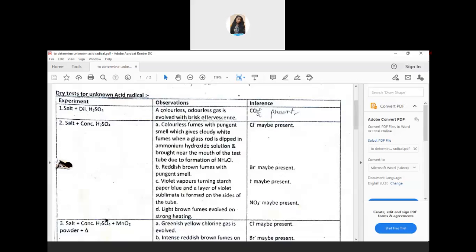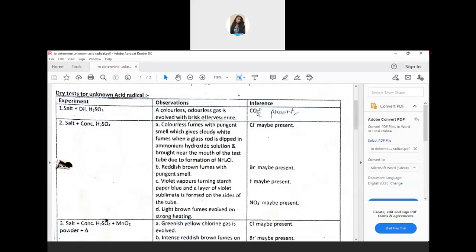The observation may be colorless fumes with a pungent smell, which gives cloudy white. Colorless fumes with a pungent smell coming out of the test tube means chloride ion is present. The next observation may be reddish brown fumes with a pungent smell.